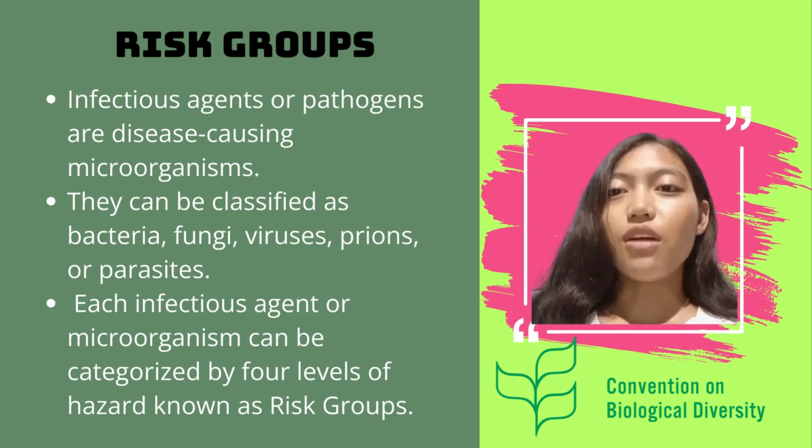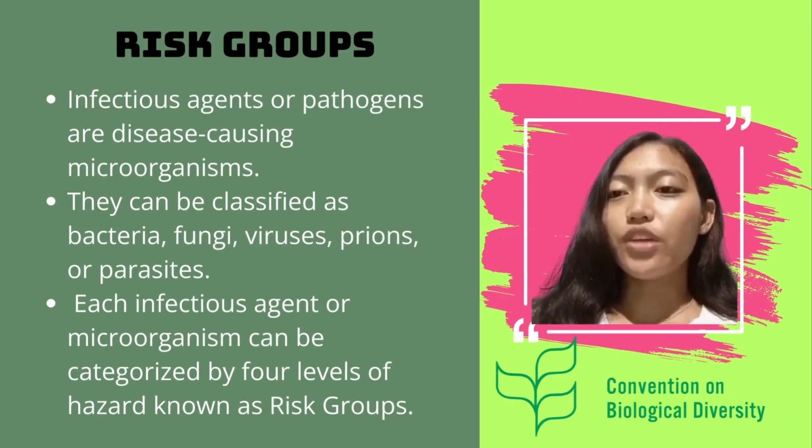Other hazardous characteristics of an agent include probable routes of transmission of laboratory infection, infective dose, stability in the environment, host range, and endemic nature. Each infectious agent or microorganism can be categorized by four levels of hazard known as risk groups.